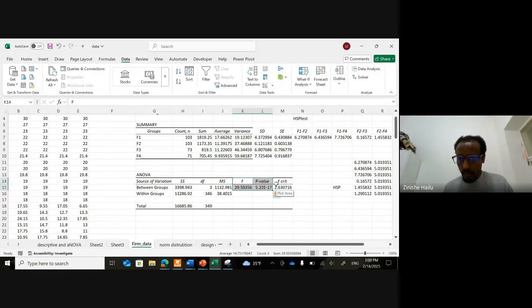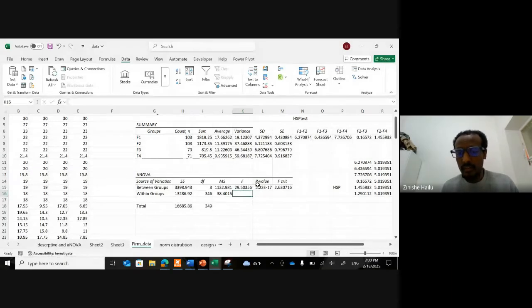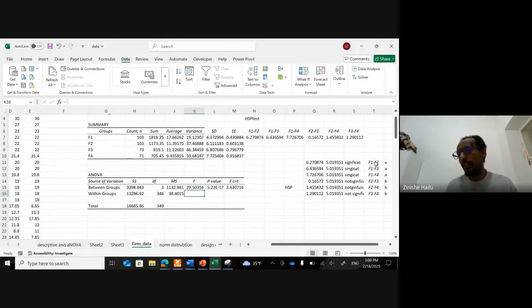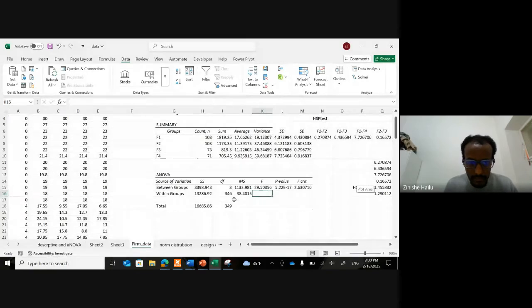This is what you have to report in the document, and you can also visualize with the post hoc test, mean with the standard error. Okay, is it clear, ANOVA?